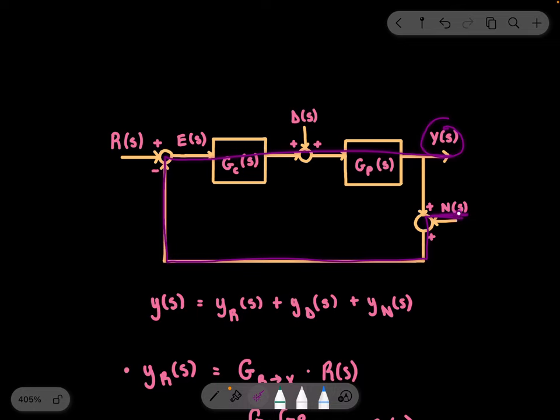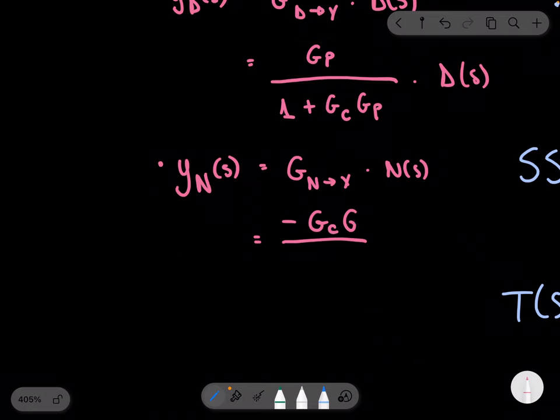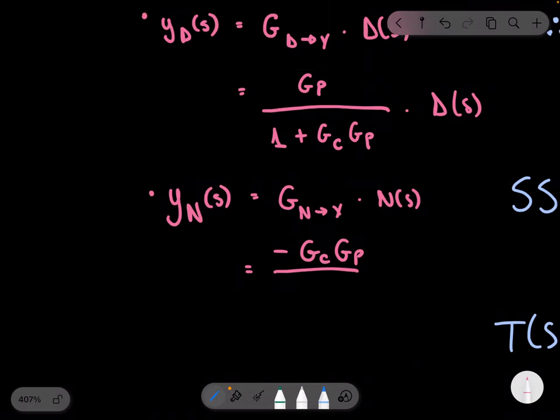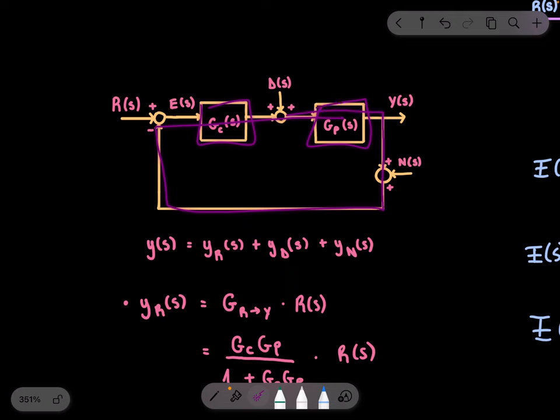And since our noise signal starts acting somewhere in the loop, in our negative feedback loop, what's going on in our forward path, because we're passing through the negative feedback loop, is minus GC GP. They're in series again. And for the loop, once again, you write the value of 1 because we're dealing with a loop. And what's going on inside the loop?